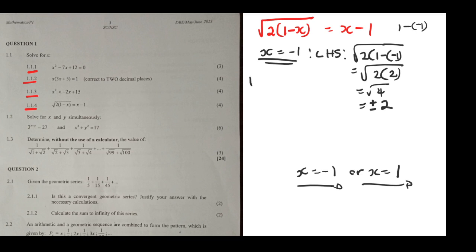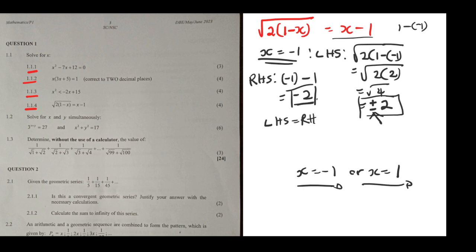That's the left-hand side. The right-hand side, it's x minus 1, right? So where there's x, we put -1, giving us -2. So you can see that the left-hand side is equal to the right-hand side, yes, if you take the negative solution, right? So this is a solution of x.